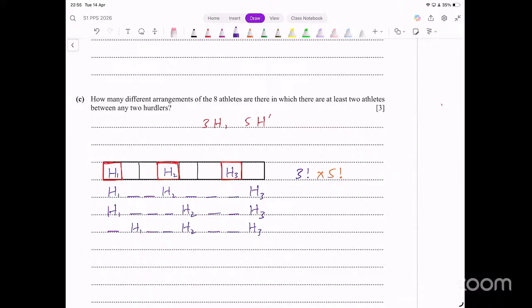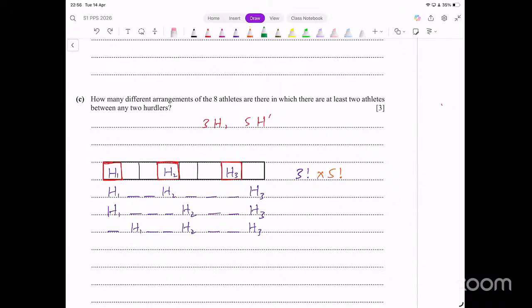These are 4 possible cases, and each of them would have the same number of possible arrangements. 3 factorial into 5 factorial. 3 factorial for the hurdlers, 5 factorial for the remaining 5 people. So there are 4 cases like this. We can say 3 factorial into 5 factorial plus 3 factorial into 5 factorial plus 3 factorial into 5 factorial plus 3 factorial into 5 factorial.